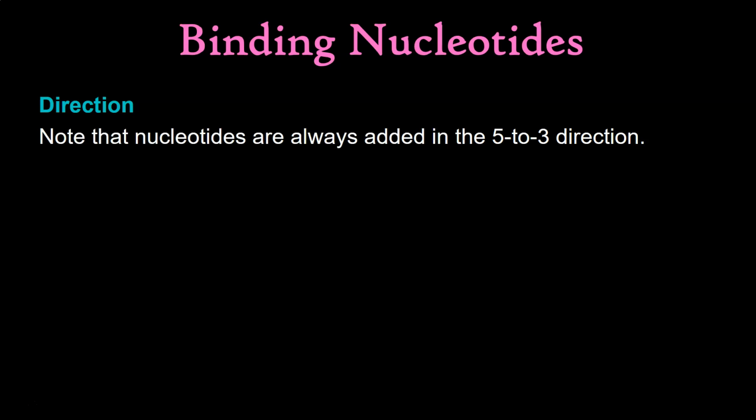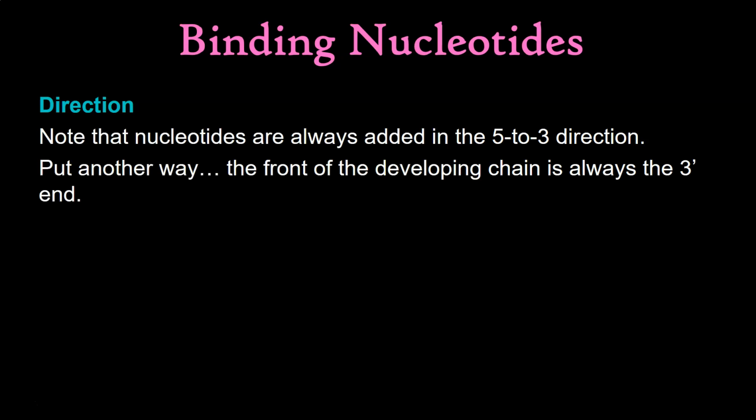It's not symmetrical. If you look at it from one way, it's slightly different than if you look at it the other way. And so nucleotides are always added in the direction that goes from the 5 prime carbon atom toward the 3 prime carbon atom, or in the 5 to 3 direction.